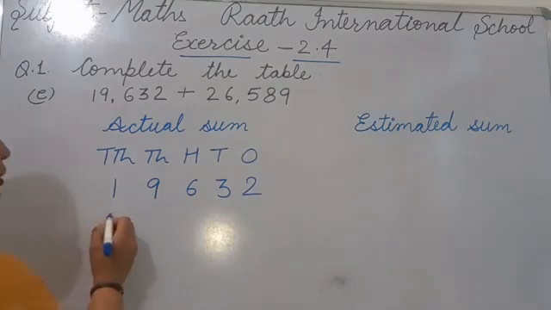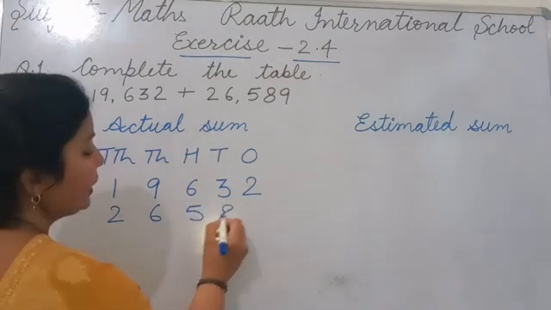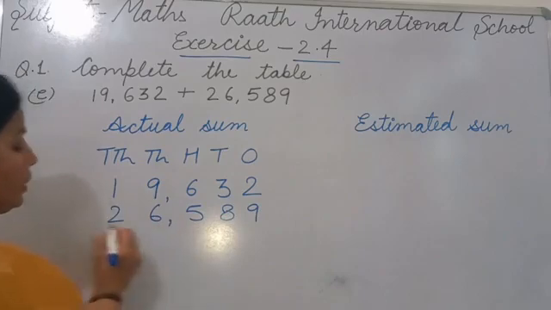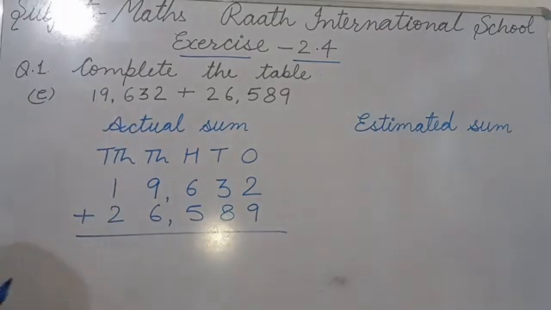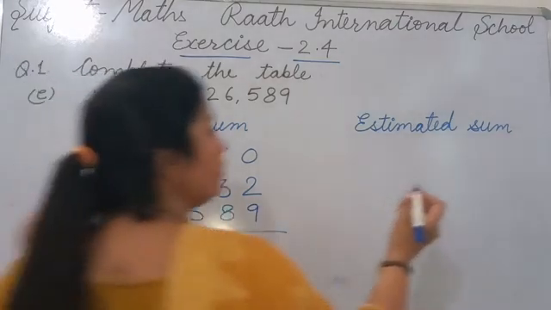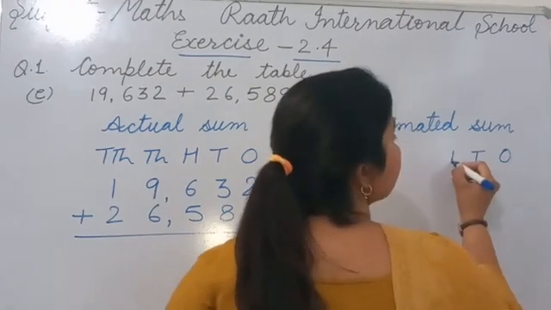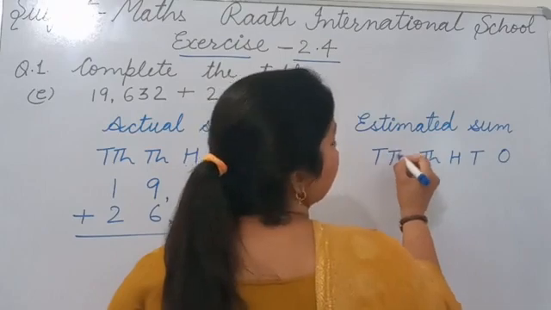Then plus 26,589. Again we should insert a comma. Now we add them. Okay. Firstly, before adding them, we should find their rounding numbers. So here also we will write 5-digit numbers. So 5 columns we should take: ones, tens, 100, 1000, 10,000.